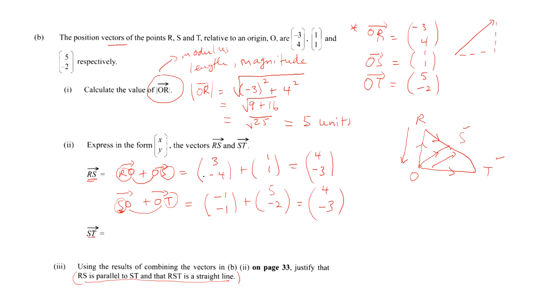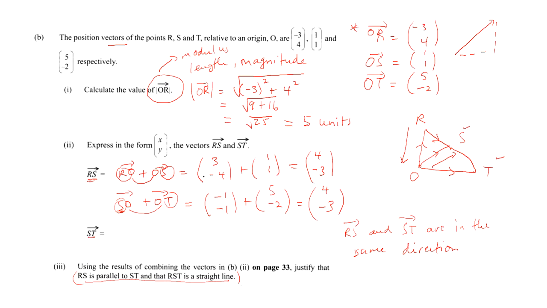So what you have to say for the third part, you notice that RS, which is 4, minus 3, and ST is 4, minus 3, right? Which means that RS and ST are in the same direction, right?